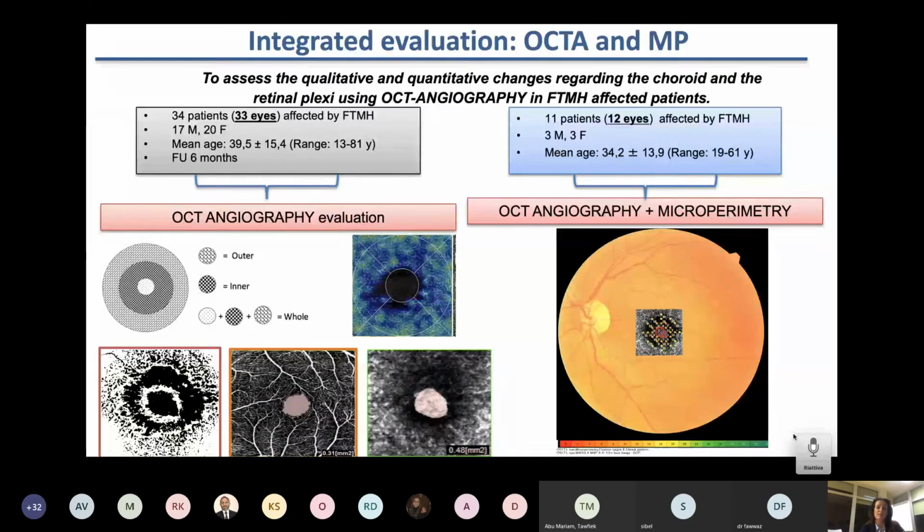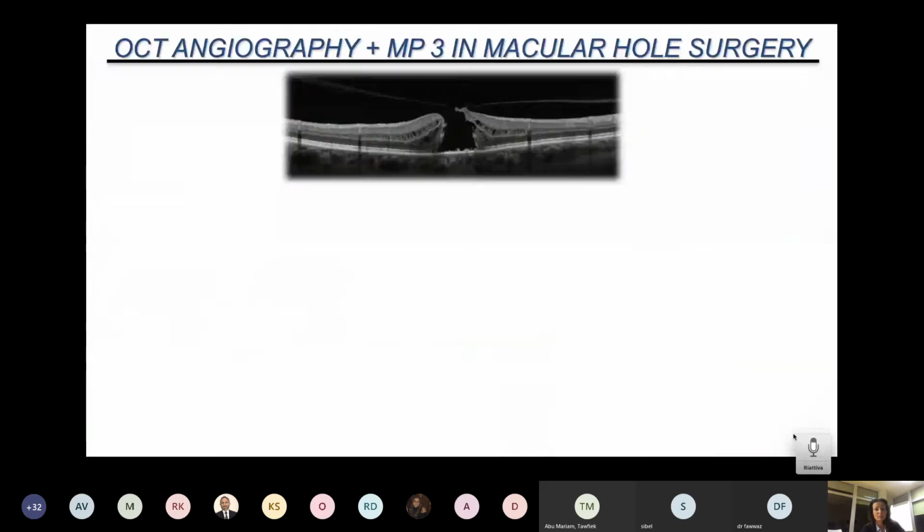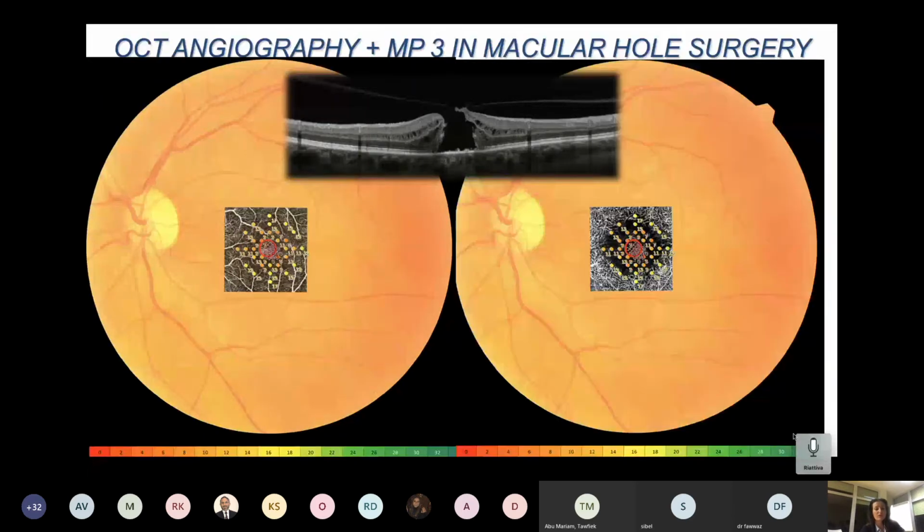We made a study to use an integration between structural imaging techniques and functional imaging techniques such as microperimetry. We made an overlapping between two retinal sensitivity maps obtained by microperimetry and the OCT angiography map using OCTA.